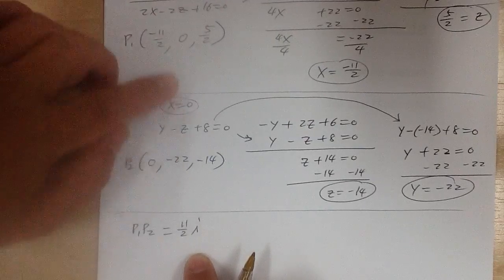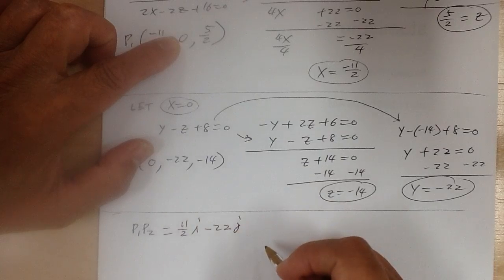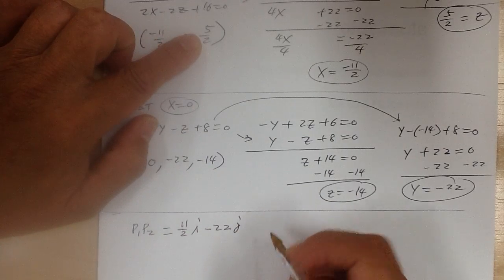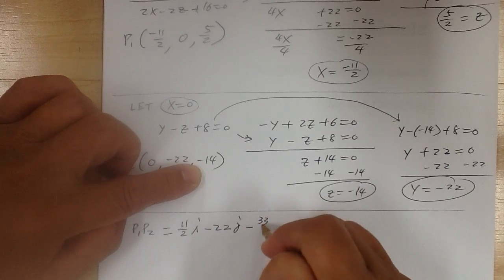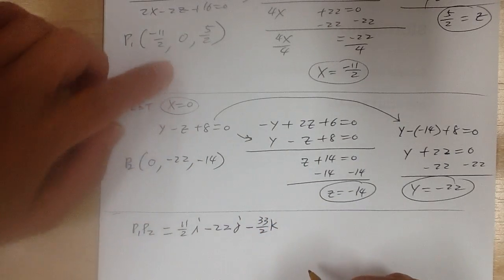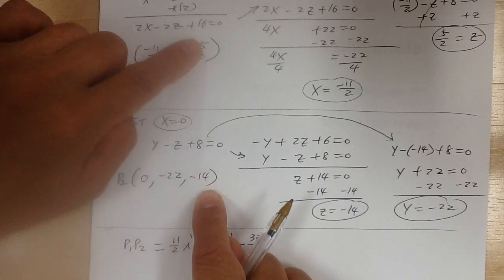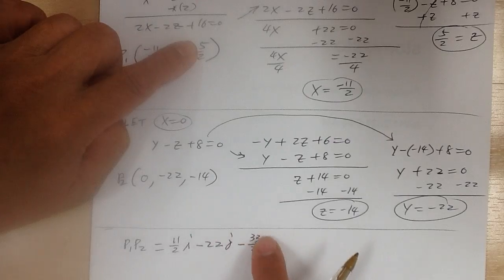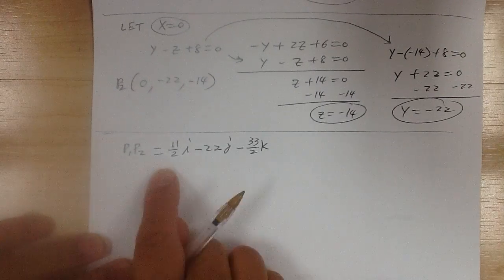Then this minus this would give me minus 22j. This minus this, I can use a calculator, would give me minus 33 over 2 k, because this would be negative 28 over 2 minus 5. Negative 28 minus 5 gives you negative 33 over 2. So this is the vector.